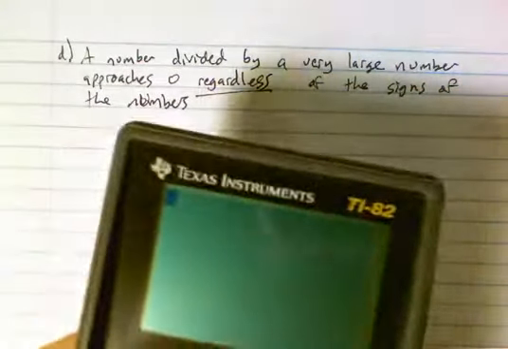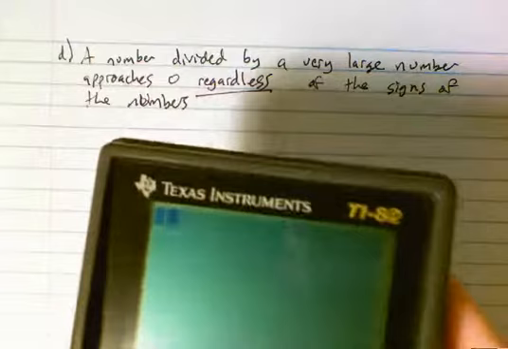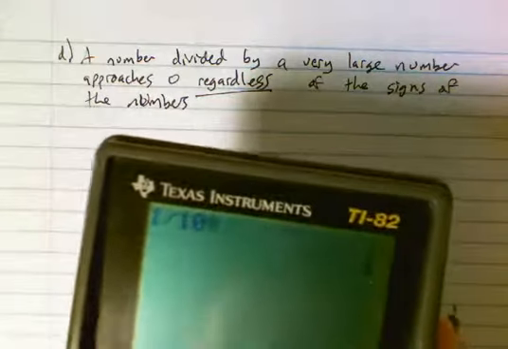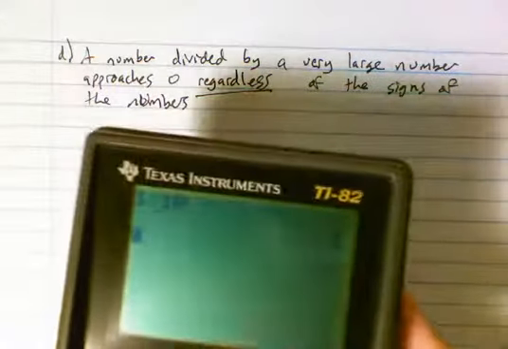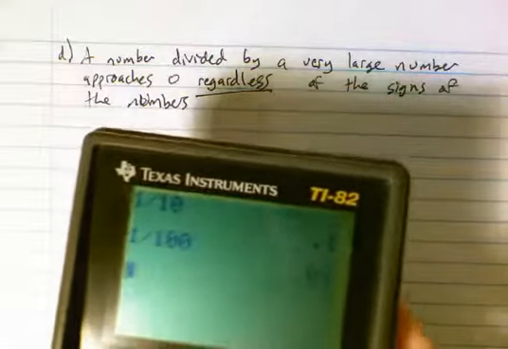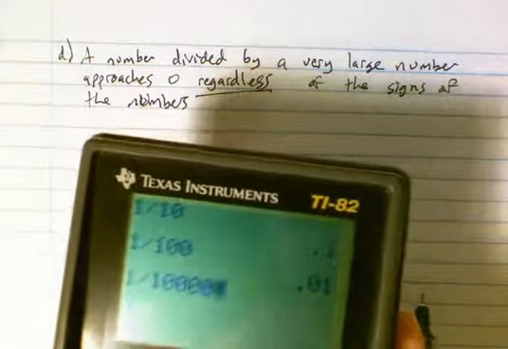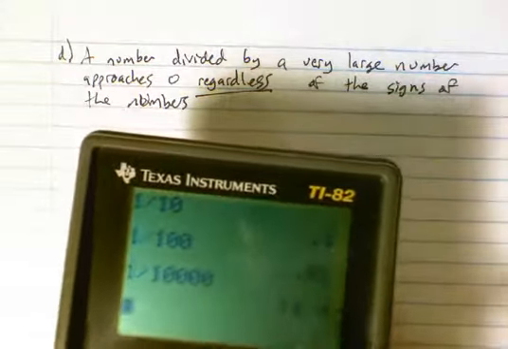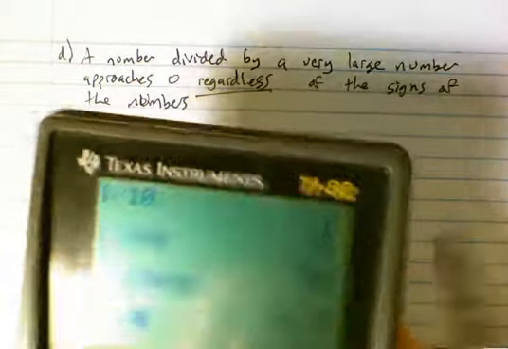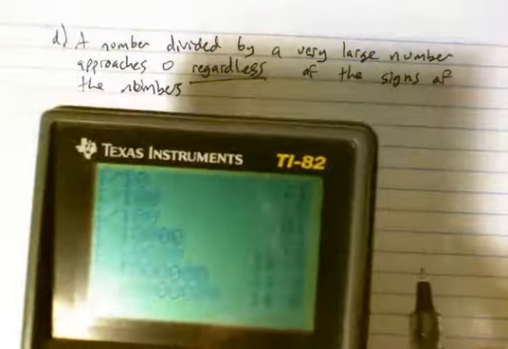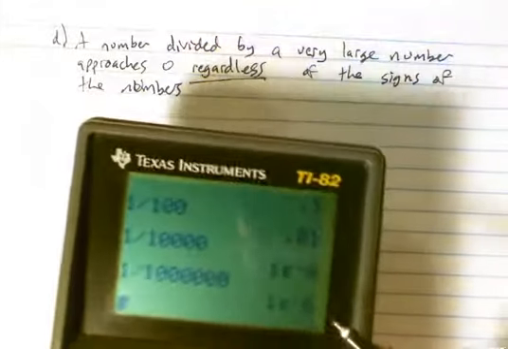that if I take, let's say, 1 divided by 10, and I start getting bigger and bigger and bigger, that's just moved the decimal point 4 places to the left, so that's close to 0. That's even closer to 0, and so on and so forth.